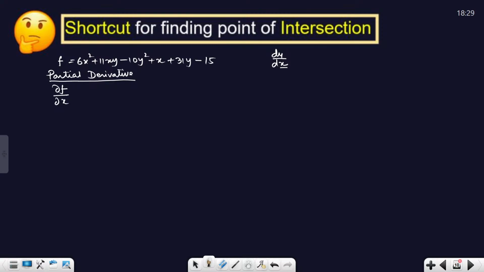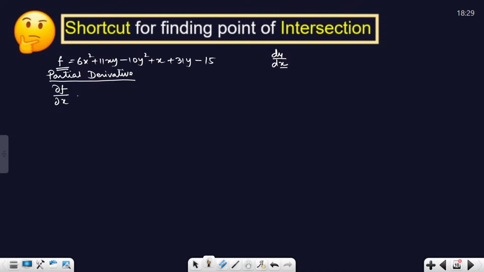Even y will be treated as constant. The same is true when partially differentiating with respect to y: everything other than y is constant, even x. Getting my point? So I'm simply partially differentiating this function f.